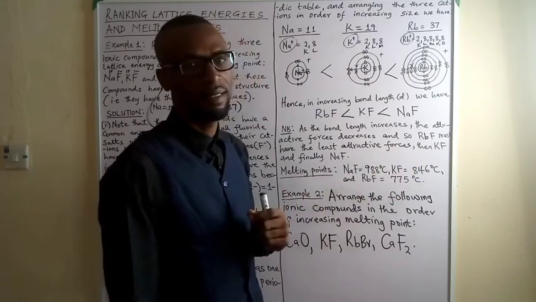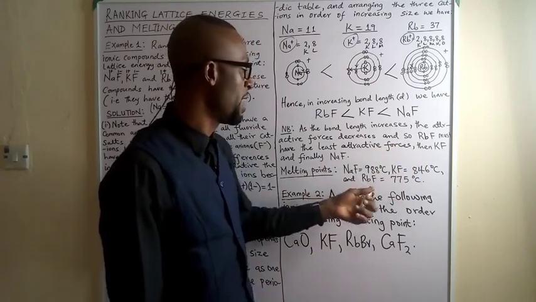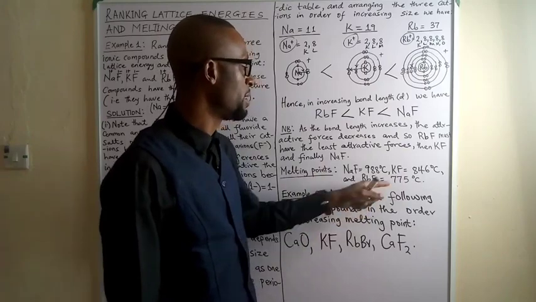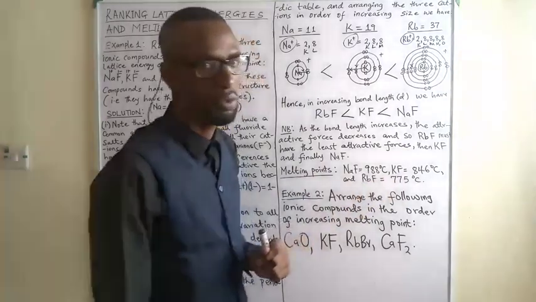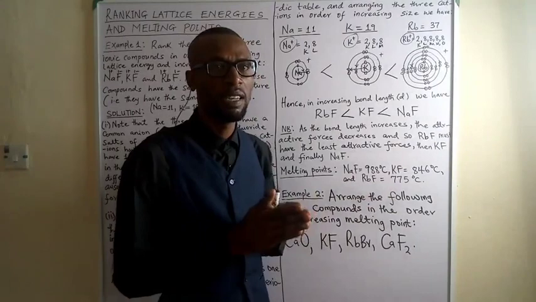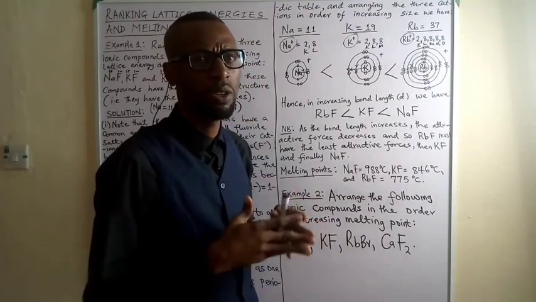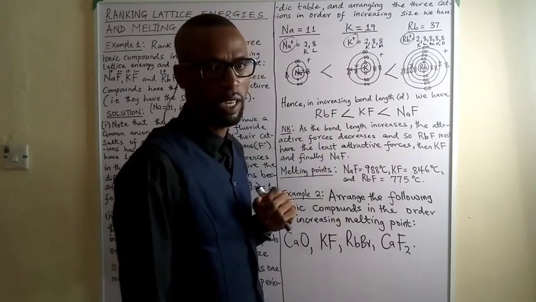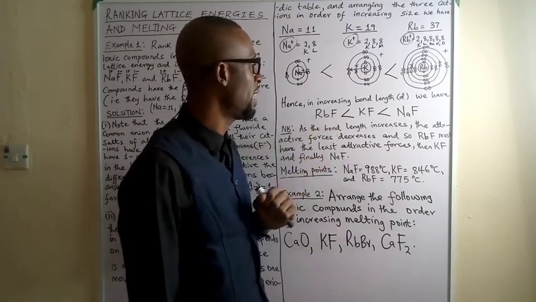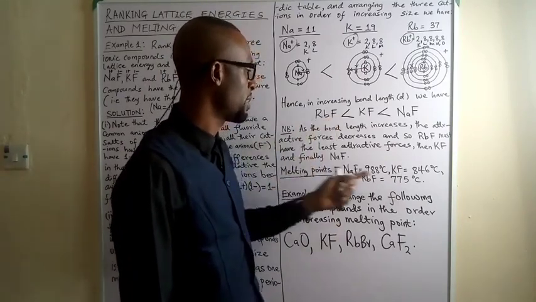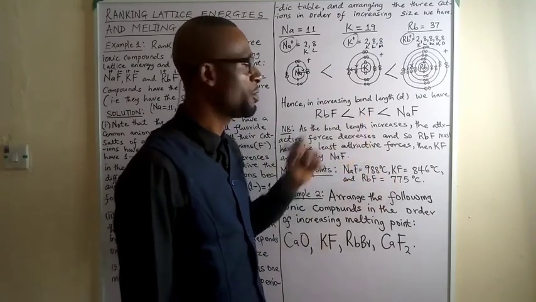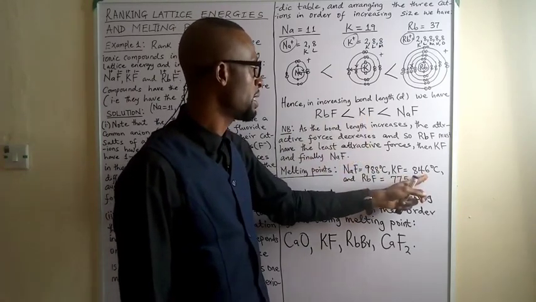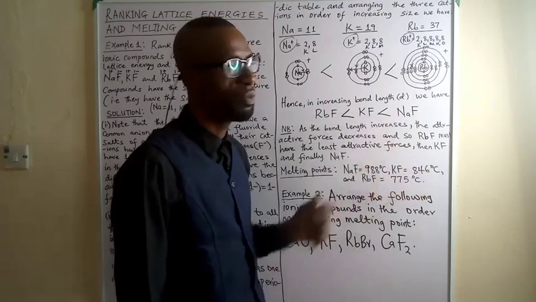And the lowest melting point is found in rubidium fluoride with 775 degrees Celsius. So in terms of increasing lattice energy or ionic bond or melting point, as the case may be, rubidium fluoride has lesser lattice energy and lesser melting point than potassium fluoride, which also has a lesser melting point than sodium fluoride.